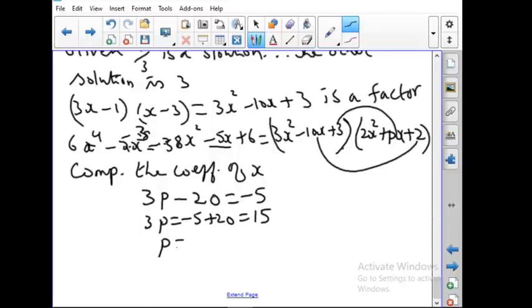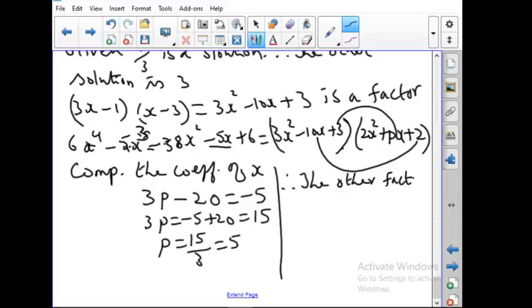So p is equal to 15 by 3, which is equal to 5. So p is equal to 5. Therefore, the other factor is 2x square plus 5x plus 2.